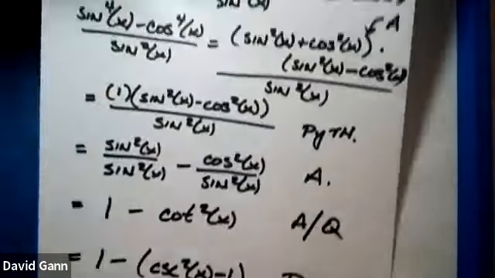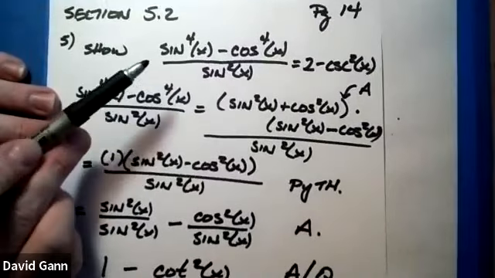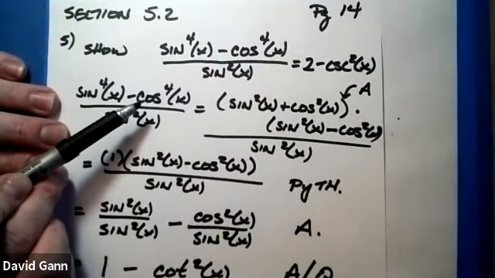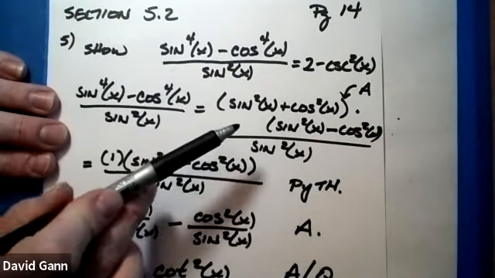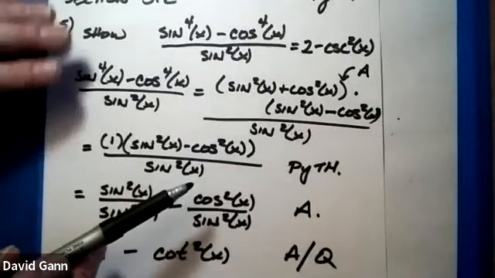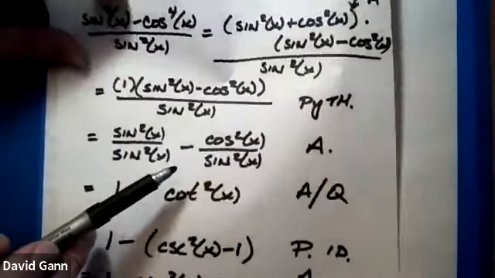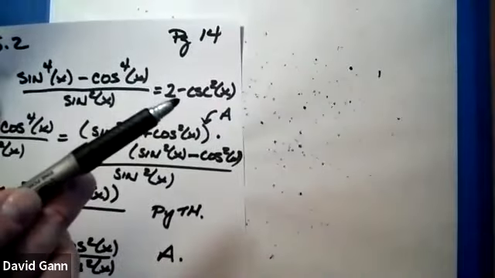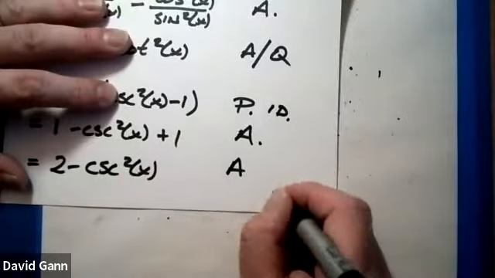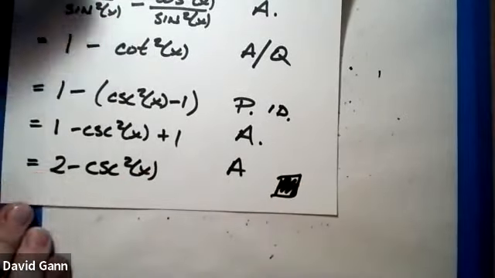So let's carefully look. We start with the left-hand side, and then through a series of logical arguments, we end up with the right-hand side. So this proof is done.